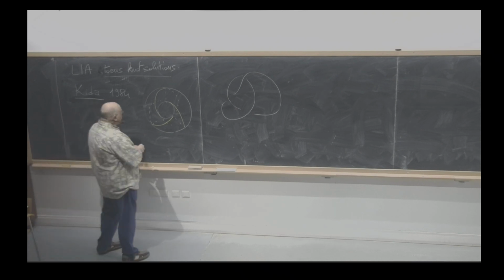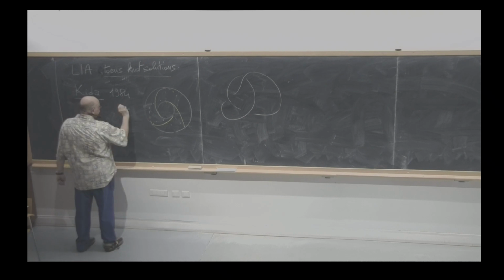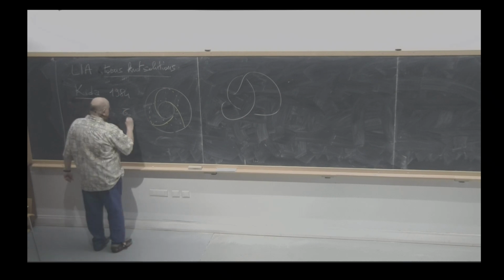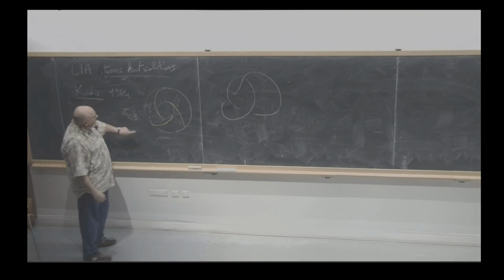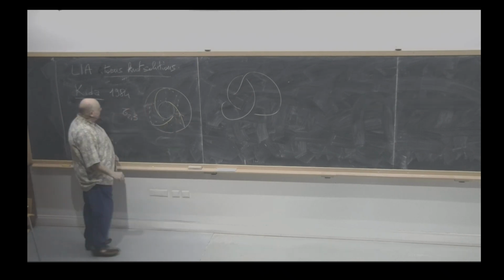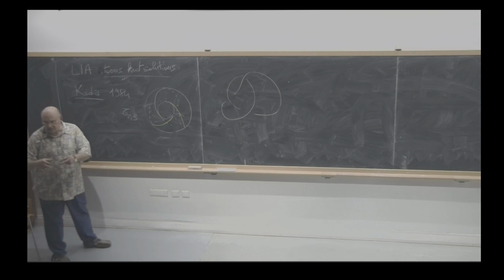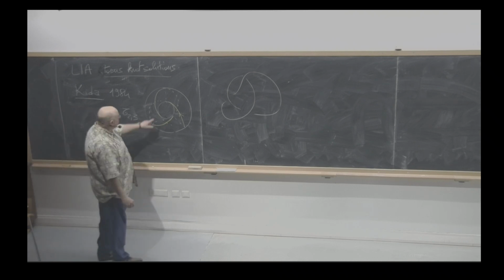So this knot, I call it T_{2,3}, is going 2 times in the longitudinal direction, and 3 times in the meridian direction. So it embraces the small radius of the torus 3 times.